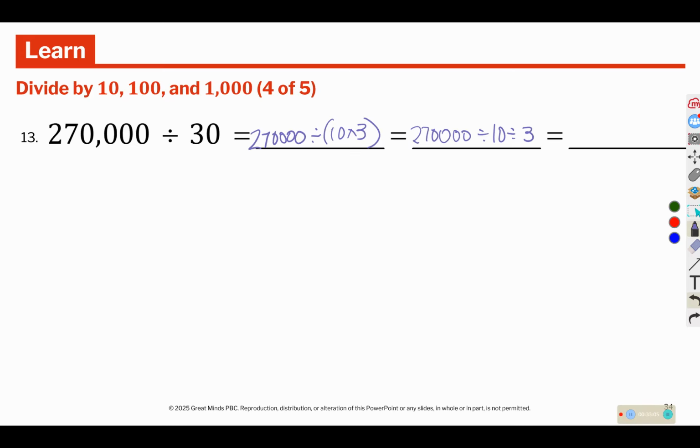Well, from problem 10, we know that this piece is 27,000. So I need 27,000 divided by 3.